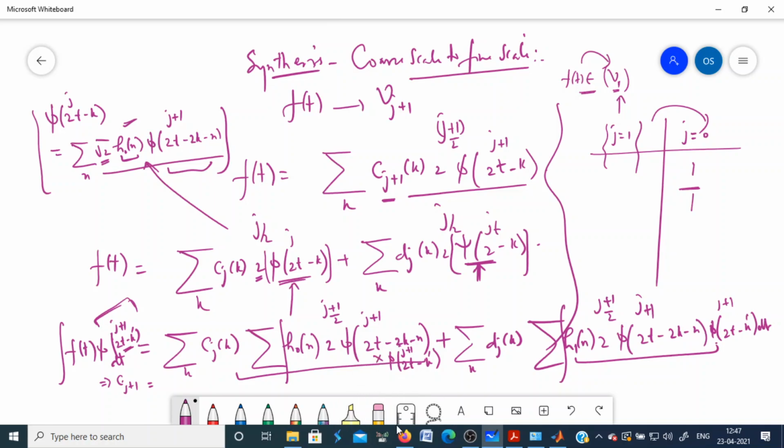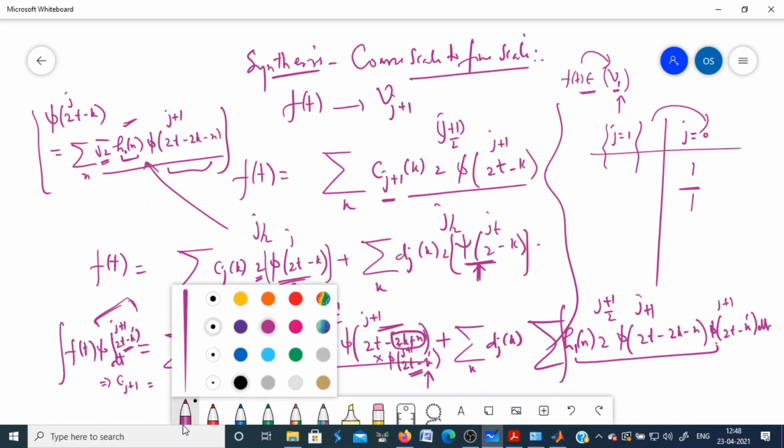Now see, you have two scaling functions, one is this one, another is this one, and since the scaling functions are orthonormal to each other, it means for the same shift, their integration will be 1. For any other shifts, this integration is going to be 0. So this integration will be 1 only if this coefficient, that is minus of 2k minus n, or you can say minus of 2k plus n here, is equal to k cap, isn't it?